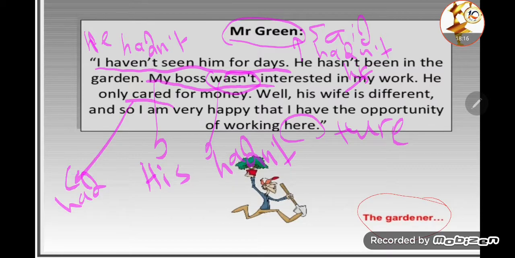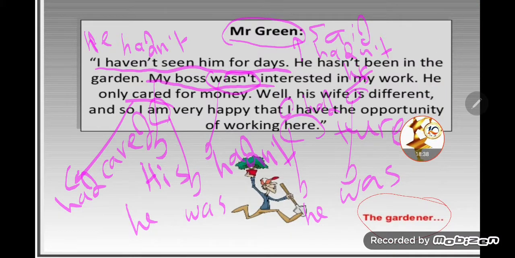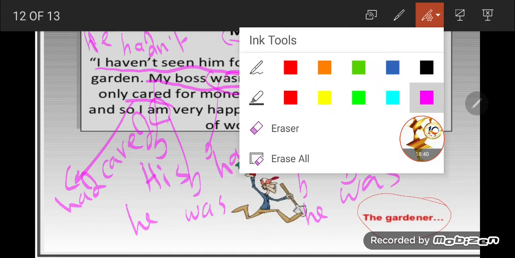He only had cared for what? For money. Well, his wife was different, and so he was very happy that he had the opportunity of working there. The opportunity of working there.